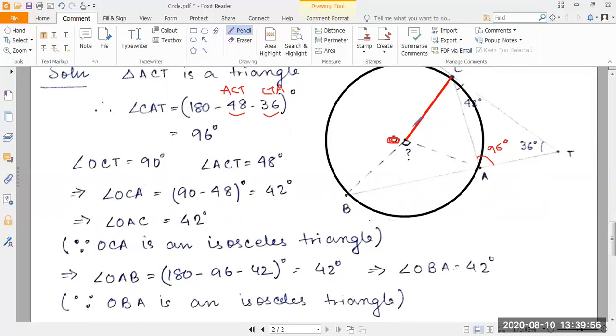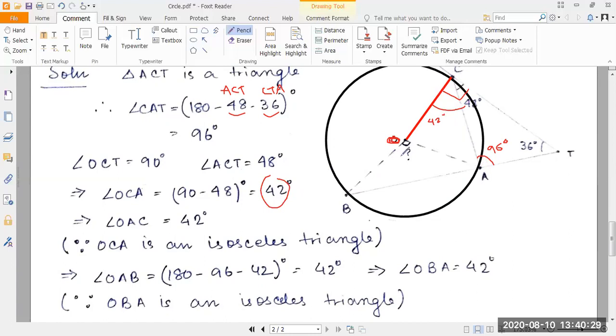So obviously angle OCT is 90 degrees. And I had already got from the data that angle ACT is 48 degrees. So angle OCA will be 90 minus 48 degrees, because this total part is 90 degrees and this part is 48 degrees, which turns out to be 42 degrees.